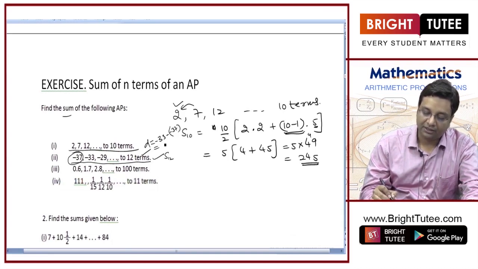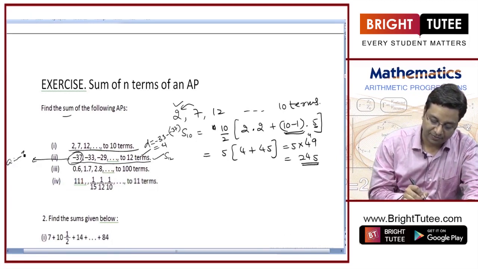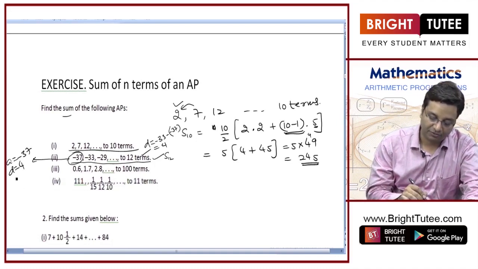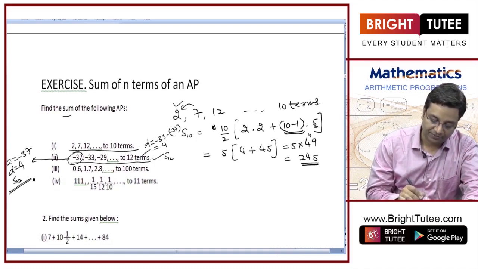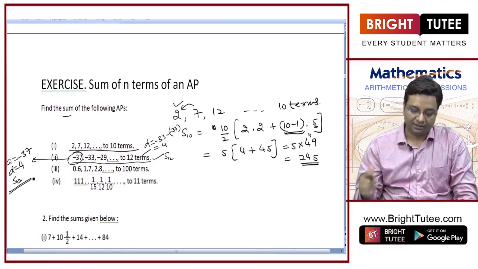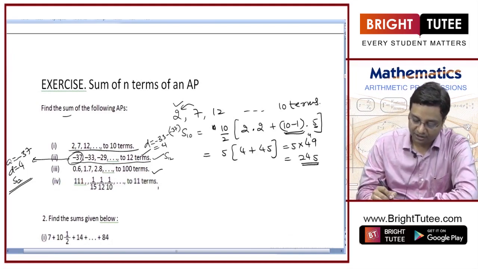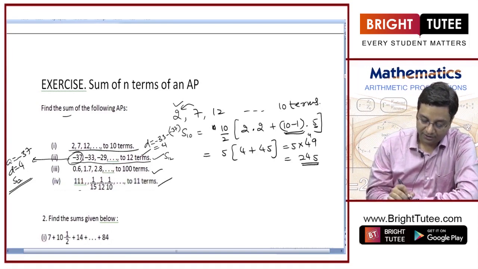So, 37 minus 33 will become 4. So, in this question A is minus 37, D is equal to 4, and you have to calculate S12. You just plug in these values in the formula and get the answer. This question is also the same and this question is also a similar question, right.